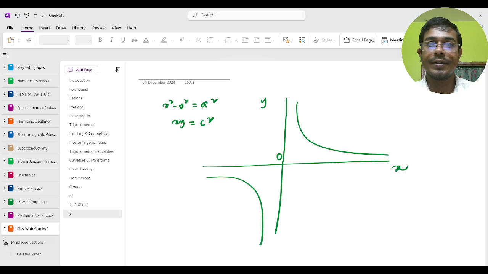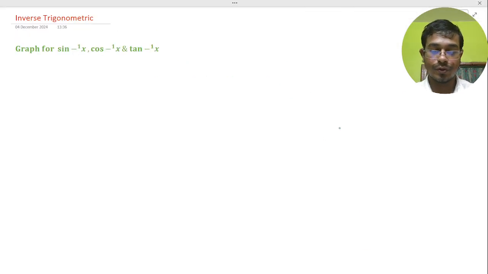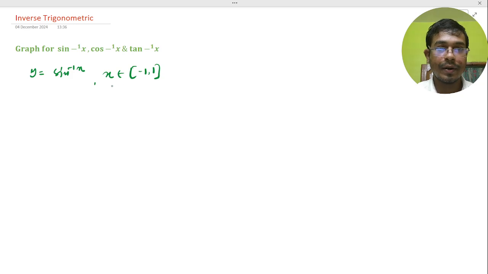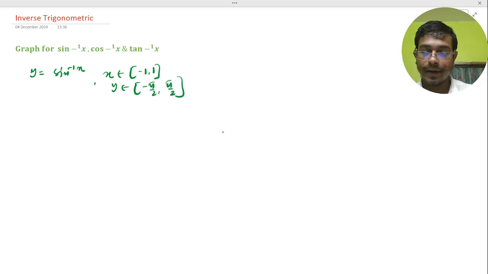So basically we go ahead. Our next topic is the inverse trigonometric functions. Formally, the graphs of sine inverse x, cos inverse x, and tan inverse x. To deduce this, first consider y equal to sine inverse x. For sine inverse x, the domain for x is minus 1 to 1, and the range for y is minus pi by 2 to pi by 2, and we just know the graph of sine x.